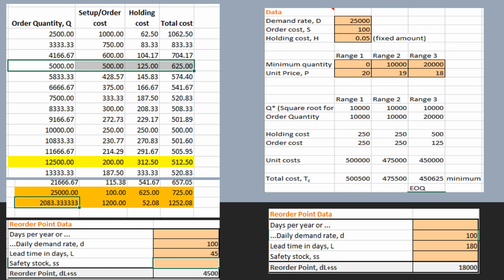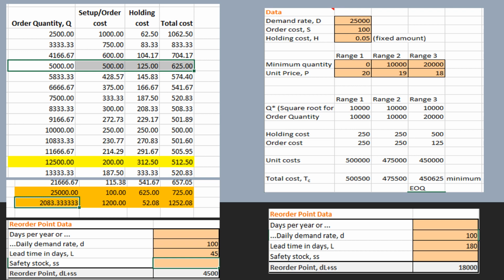Another question is to disregard the EOQ level and order at once. It will give us 725. And another question asks, what if monthly? So we divide the 25,000 demand by monthly. So we have 1,252 total cost of inventory.